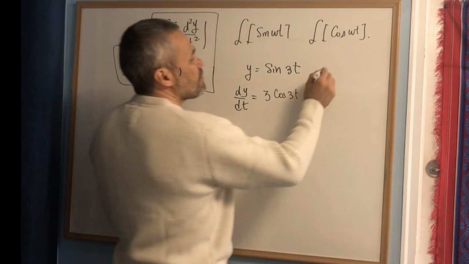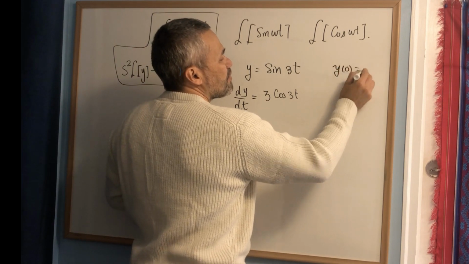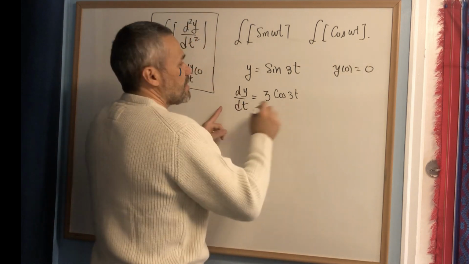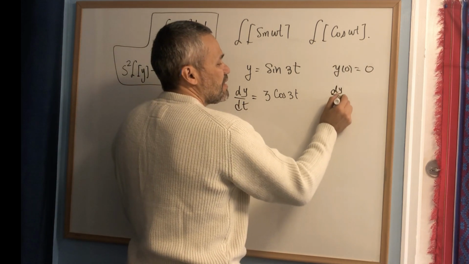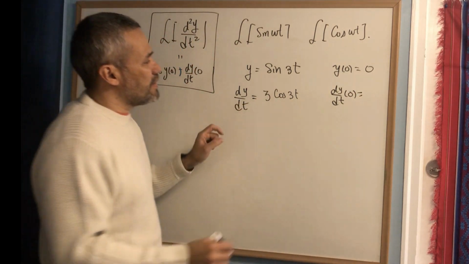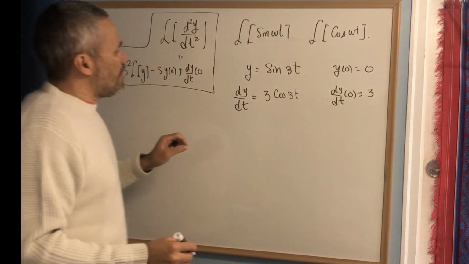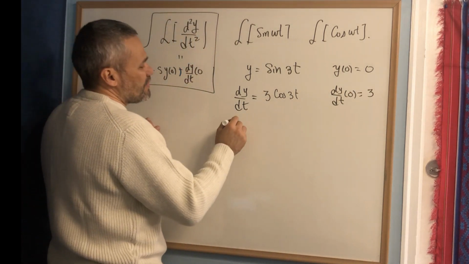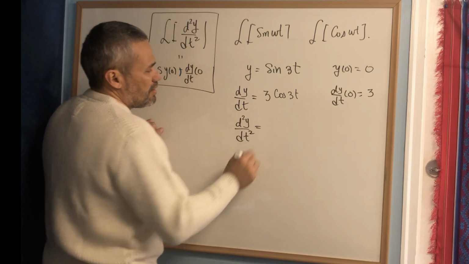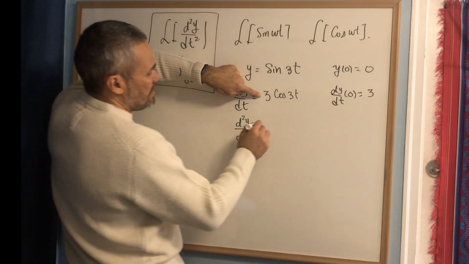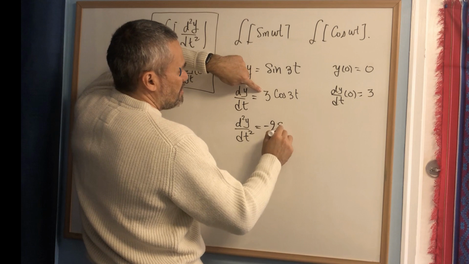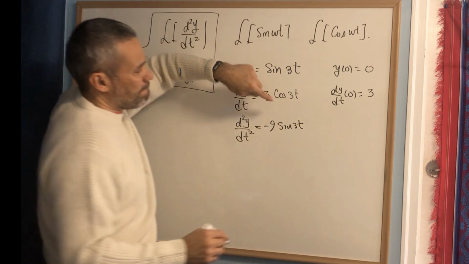And what is y of 0? y of 0 is sine of 0, which is 0. And what is the derivative evaluated at 0? Cosine of 0 is 1, and then this is 3. And what is the second derivative of y? It is the derivative of this, which is negative, this 3 comes out, and then it's negative 9 sine of 3t.